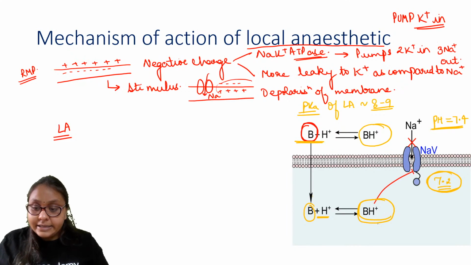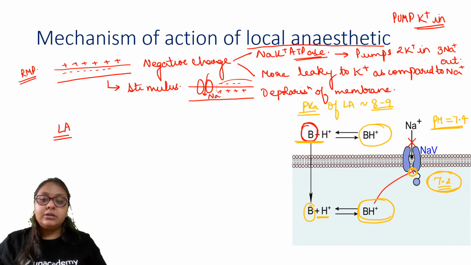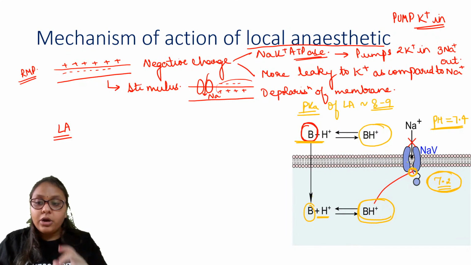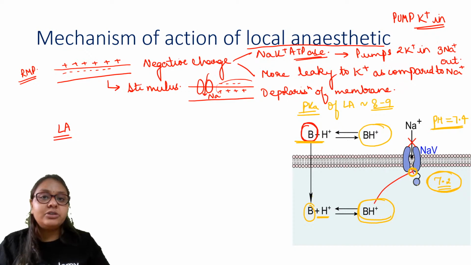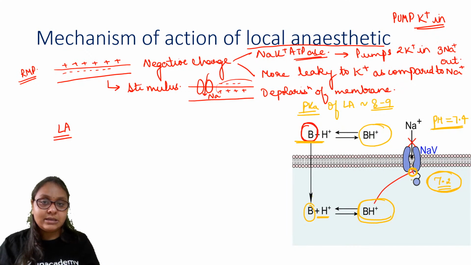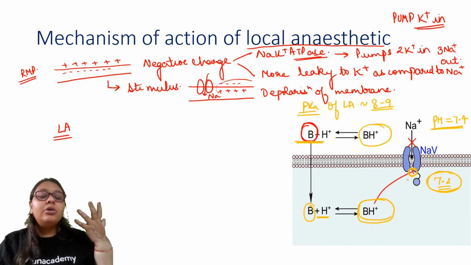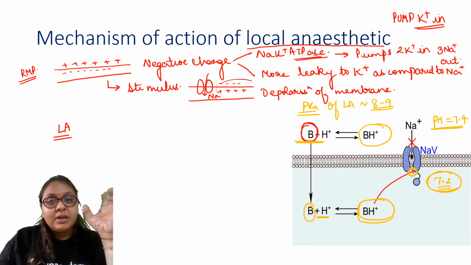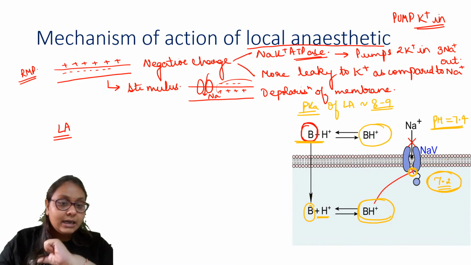And this ionized form, it blocks these sodium channels, the voltage gated sodium channel. और ये जब इसको सोडियम चैनल को ब्लॉक कर देता है तो क्या होगा? देयर वोंट बी एनी इनफ्लक्स ऑफ द सोडियम इवन व्हेन स्टिमुलस इज अप्लाइड एंड देयरफॉर the conduction of impulses does not take place.